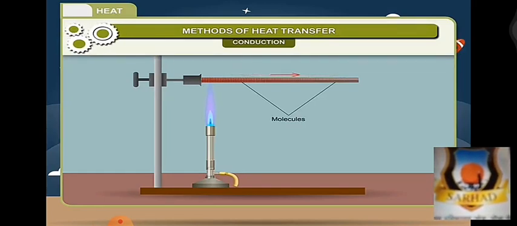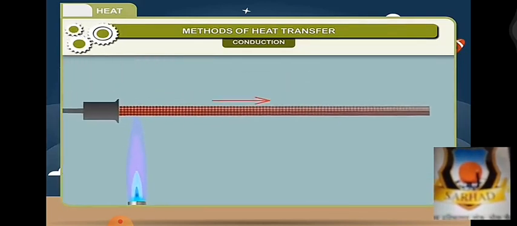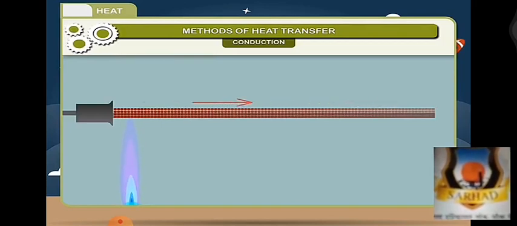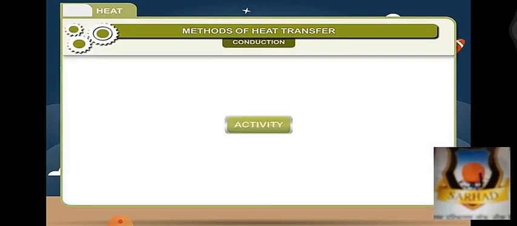This is how heat flows from a hot part of an object to a colder part in contact with it. In this flow, the molecules of the object do not move. Thus, heat is transferred through an object without the movement of the molecules. This process of heat transfer without the actual movement of molecules is called conduction.